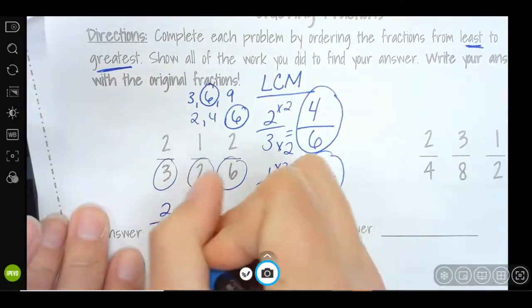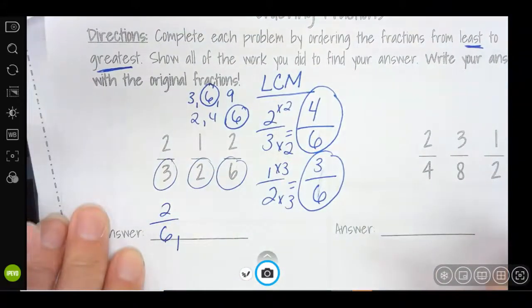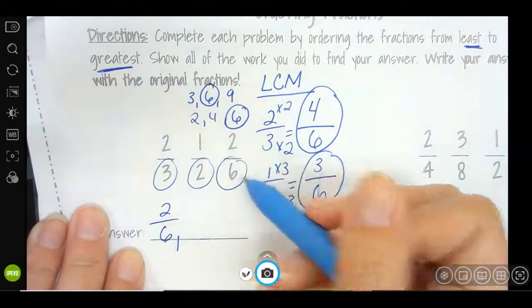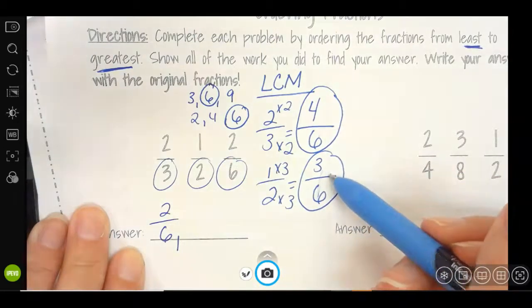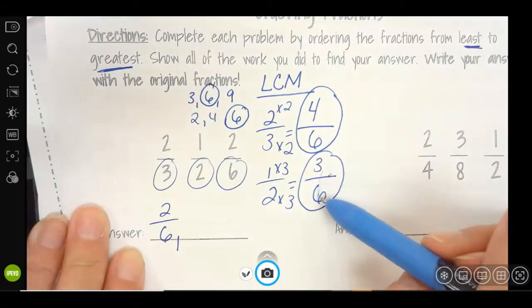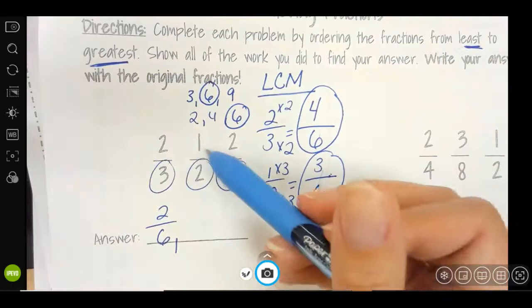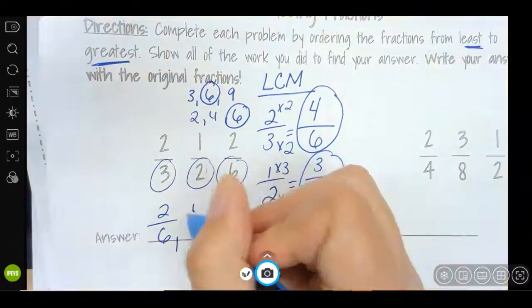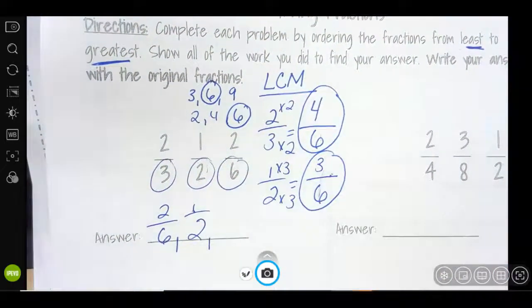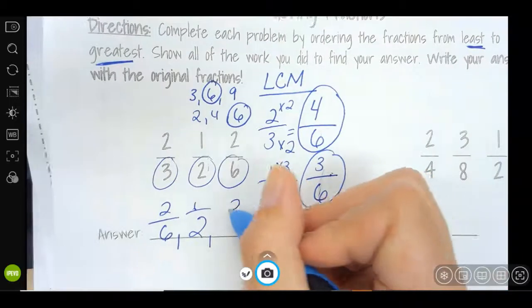Wait, aren't they already in order though? 2/6 is smallest. Then what comes next? 3/6, but we're not going to write 3/6. We need to write 1/2. And then what's the largest fraction? Wait, wouldn't it be 2/3 then? 4/6, which is 2/3.